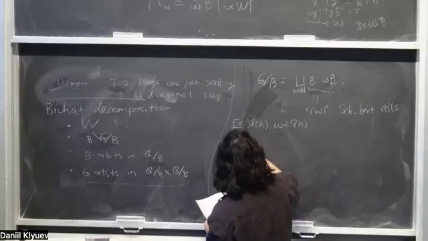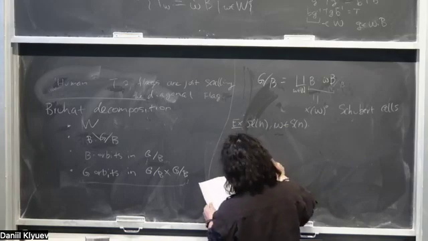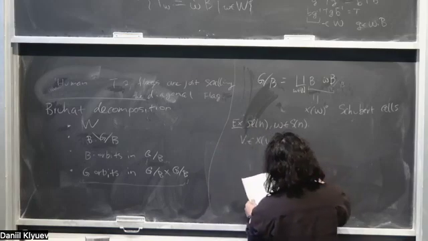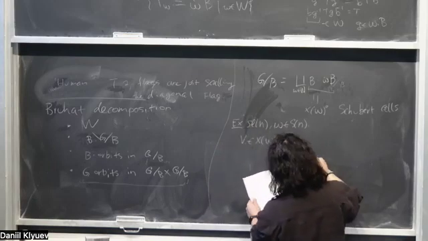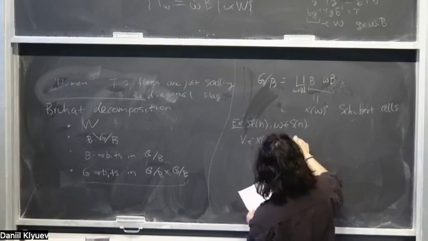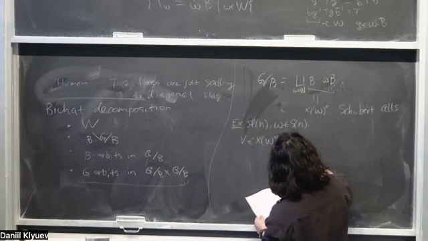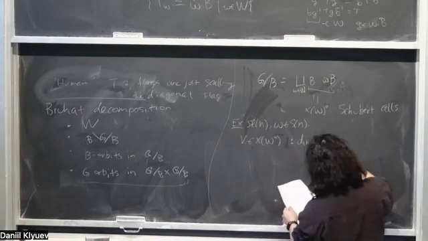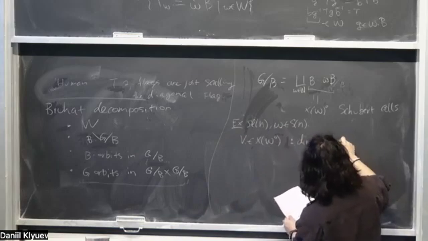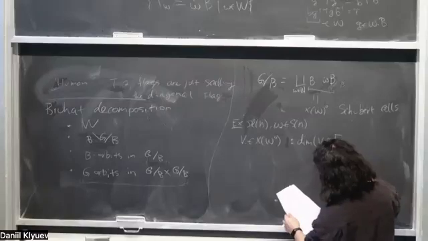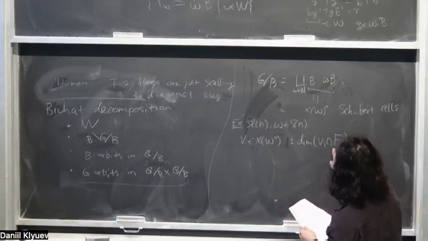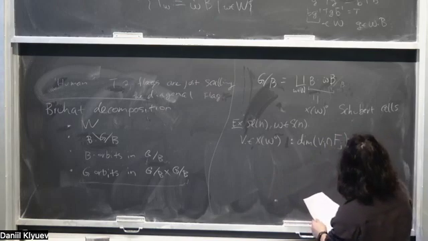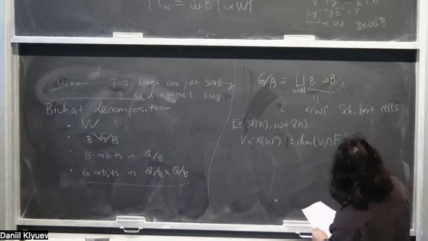Then the condition that a flag V is in the Schubert cell is if and only if the intersection with the first, so I'm going to use F_j as the standard flag. F is going to be the standard flag. I have enough space.